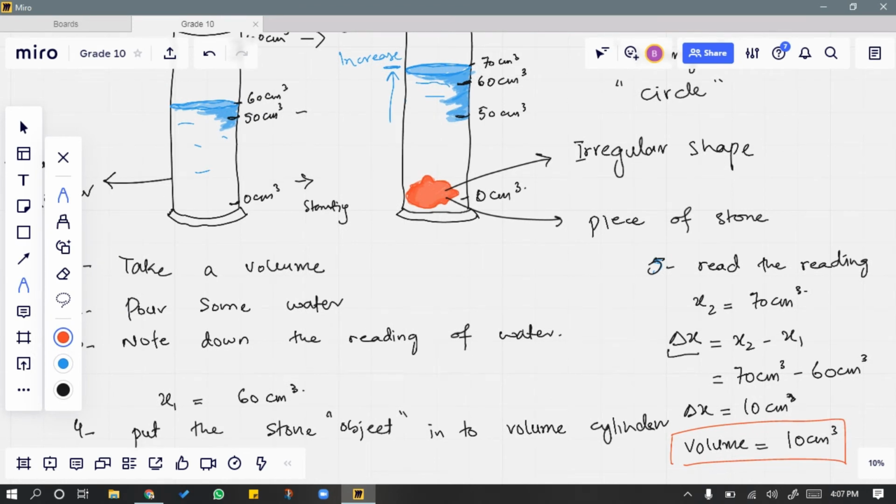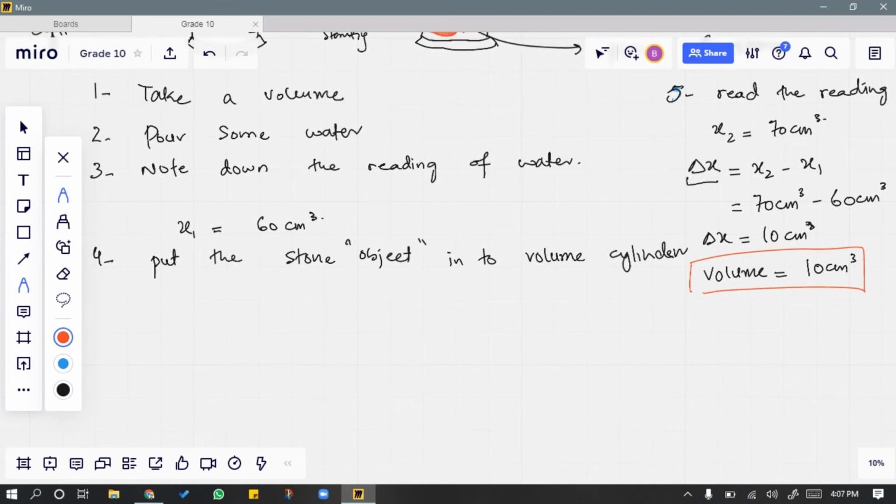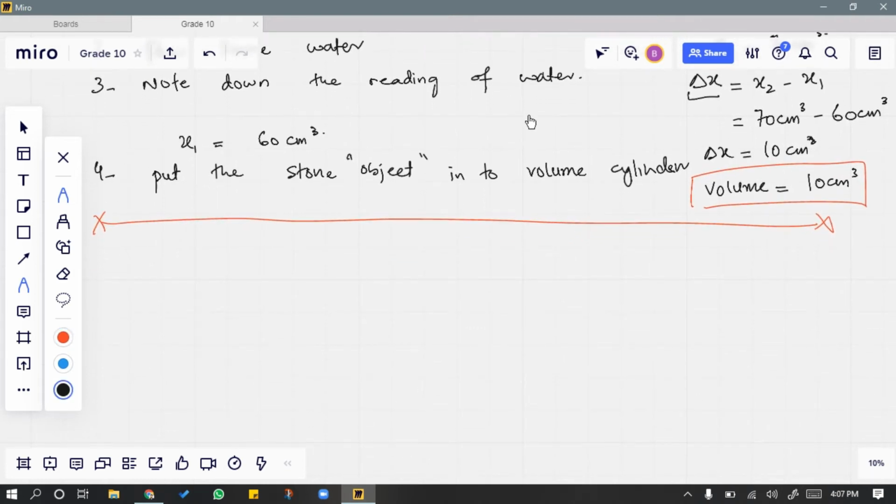Now moving on to the other aspects of chapter number 1, measurements. In this chapter, regarding volume, as we have discussed volume, the other thing which we want to discuss is density. What is density?